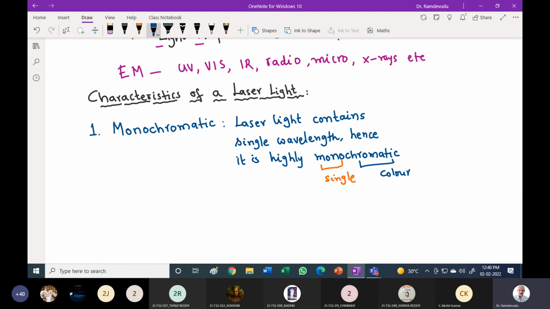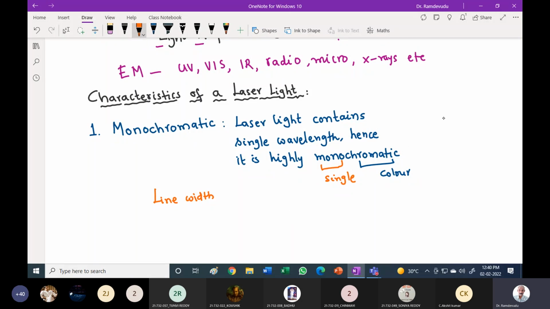But in general, that is not possible, even though you can take laser as approximately monochromatic light in maximum cases. The line width is very important for any laser. Line width is nothing but how many wavelengths are emitted by the laser light.